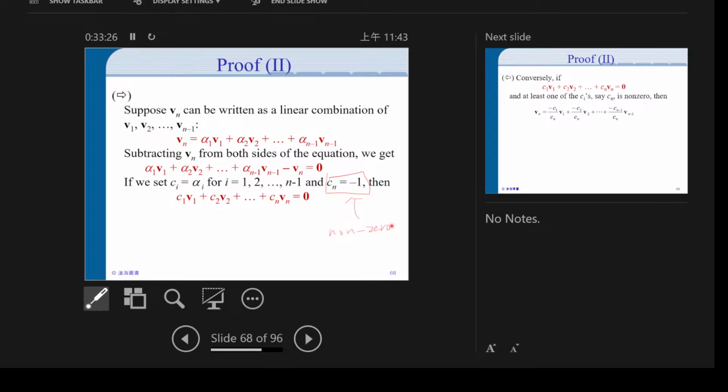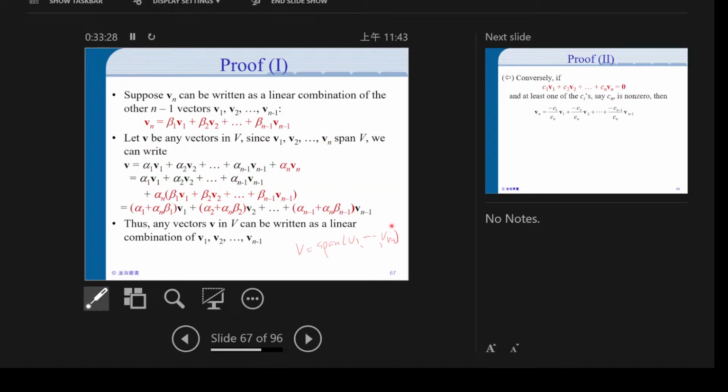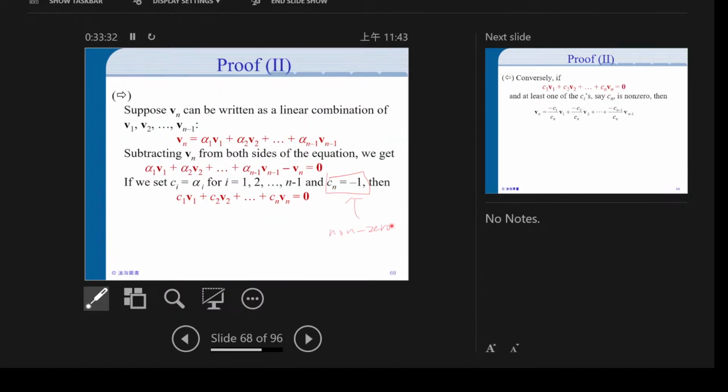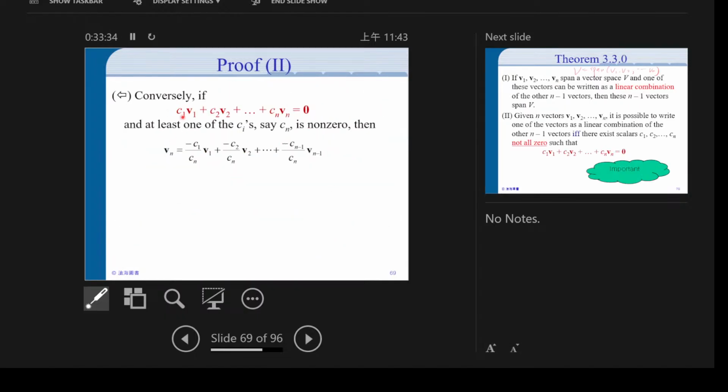And then we go the other way around. So we have some C1 to Cn with the sum equal to 0, with some Ci non-zero. And without loss of generality, let's assume this non-zero Ci is Cn.